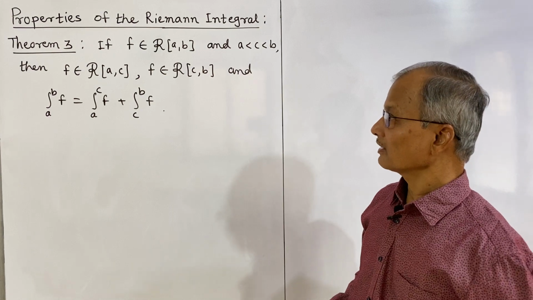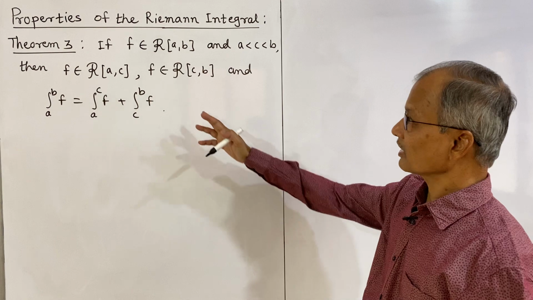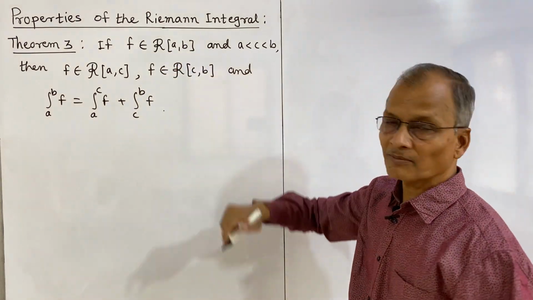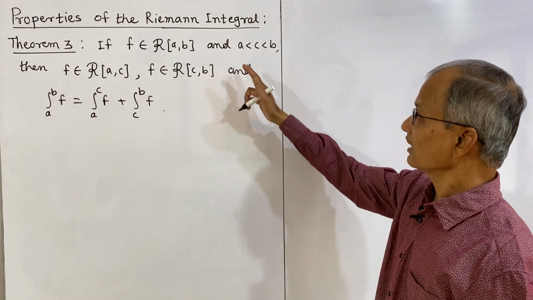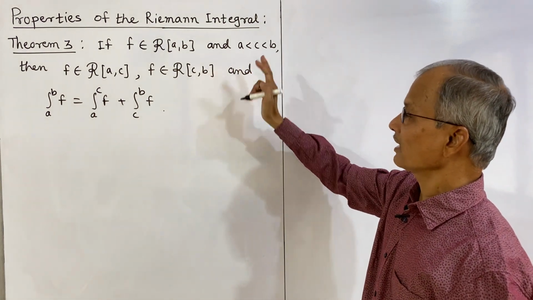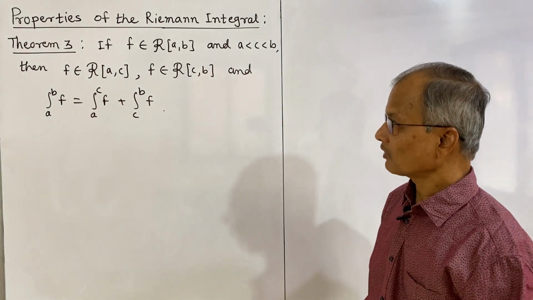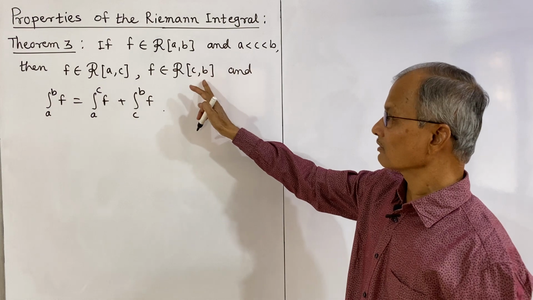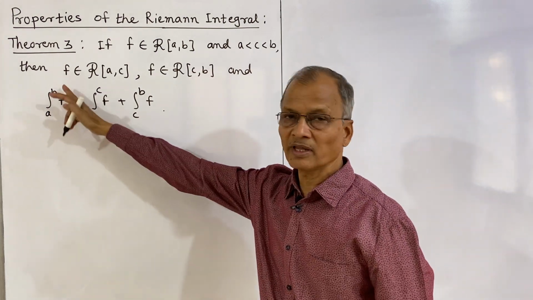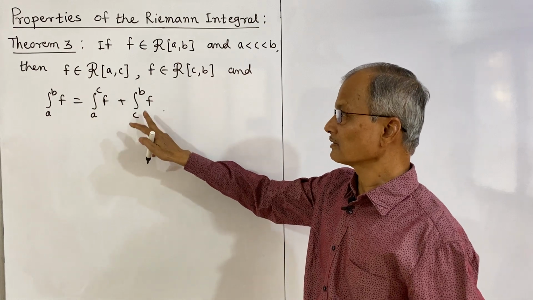So, I have written a property here. We are going to study this property, that is, f is Riemann integrable over the closed bounded interval a to b, and c is a point between a and b. Then f is Riemann integrable over the closed bounded interval a to c, also the closed bounded interval c to b, and integration a to b of f is equal to integration a to c of f plus integral c to b of f.